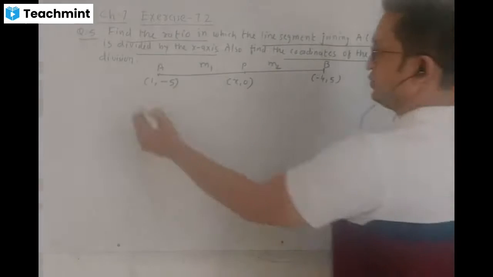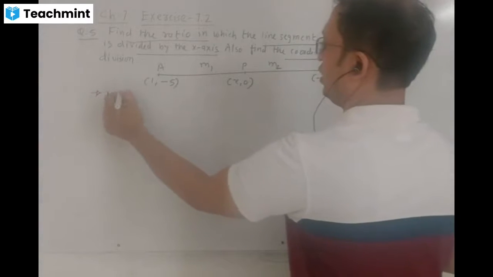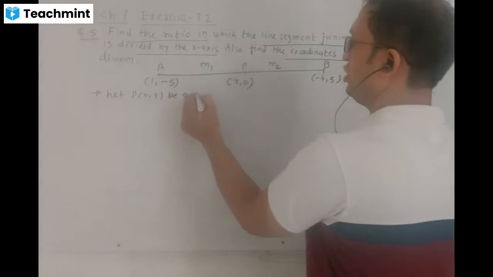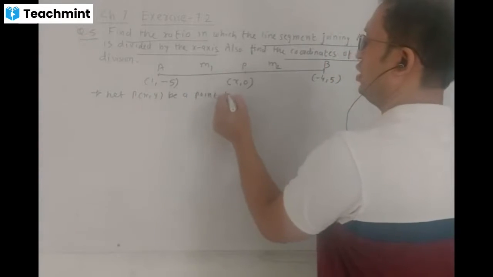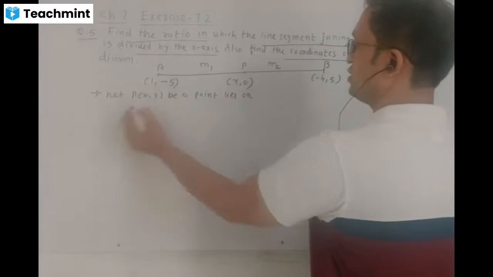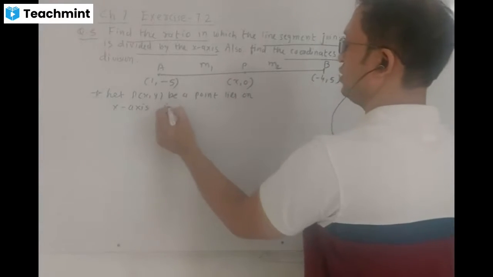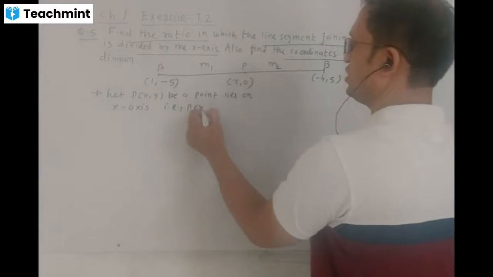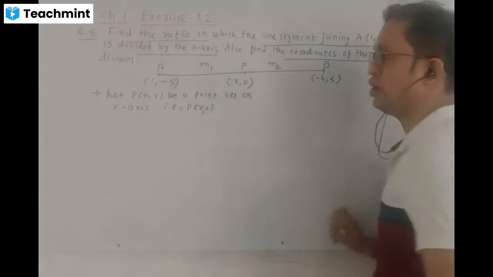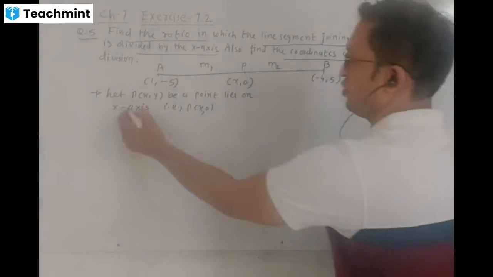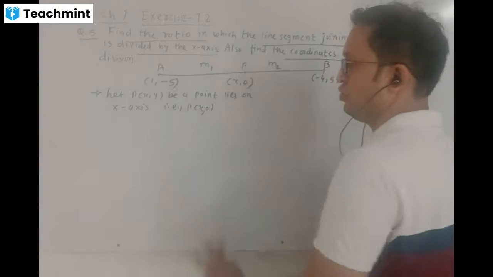Okay, here let P(x, y) be a point that lies on the x-axis. That is P(x, 0). Therefore, the coordinate of P is (x, 0) because the point lies on the x-axis. Therefore, the y coordinate is 0.